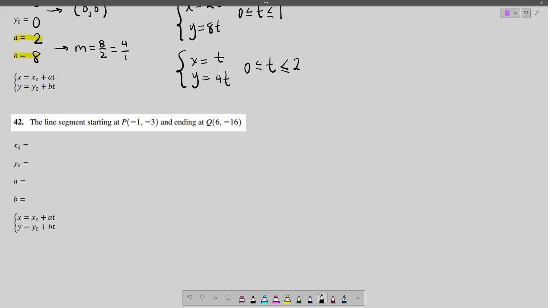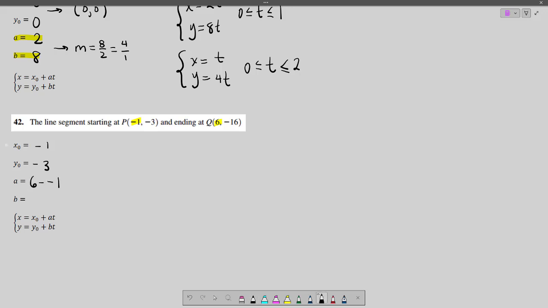So if we're starting at -1, -3, x naught and y naught should be -1, -3. So pretty straightforward there. And then a is going to be the distance to get from x equals -1 over to x equals 6. So algebraically, you could treat it as 6 minus -1, and you are going to end up with 7.